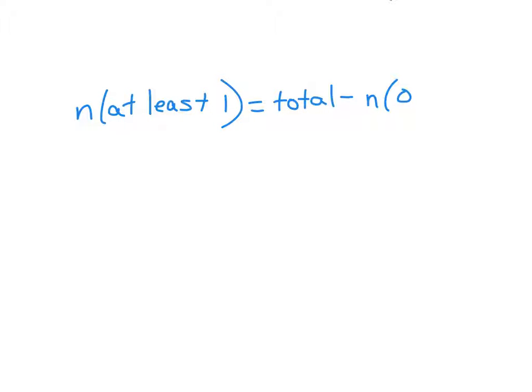The at least one formula says the number of ways to get at least one correct is equal to the total number of ways we could fill out the test minus the number of ways we could get 0 problems correct if we fill out the test.